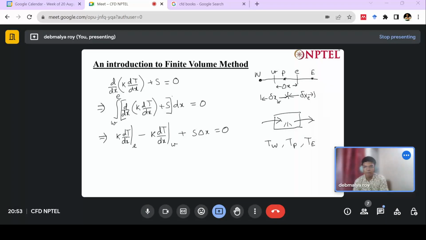So for this, what we will do is take a trial function like we did. Here this is better known as the profile function, or profile assumption. So we will assume a particular profile of temperature. We might take linear. The simplest case will be linear, and we did the same thing in the finite element method. We took linear elements. We'll take such linear elements and try to calculate. Okay.